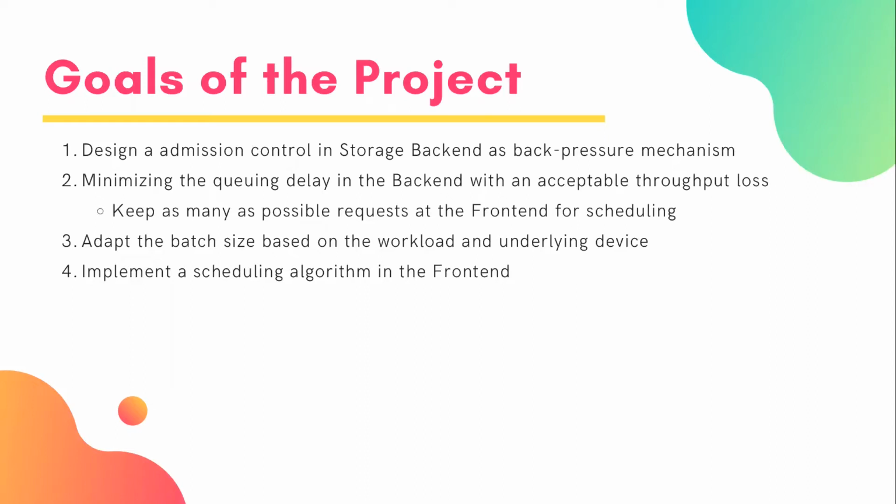We definitely don't want to compromise the throughput at all, but we might be able to sacrifice a little bit of throughput to achieve schedulability for a storage system. By minimizing the queuing delay, we are going to have as many requests as possible at the front end for scheduling. So the problem with the high priority requests can be solved by this.